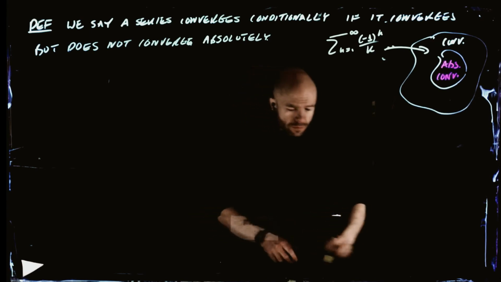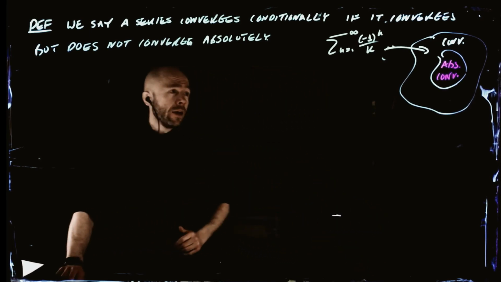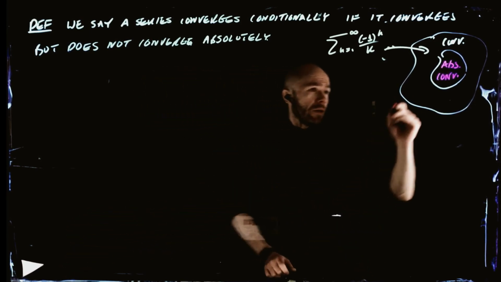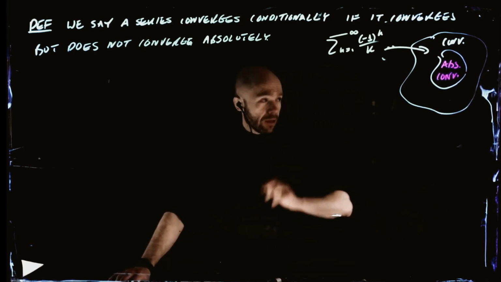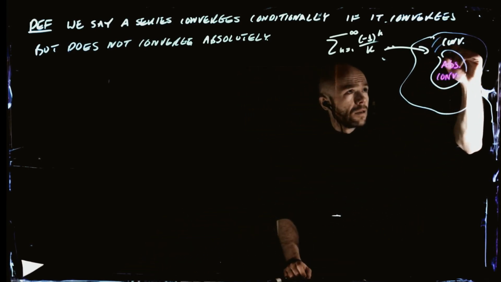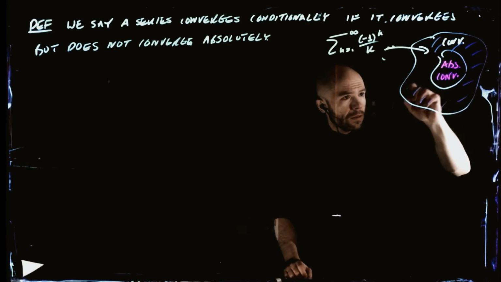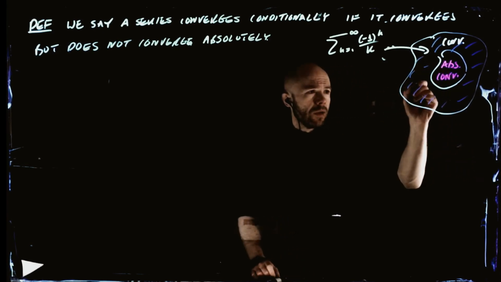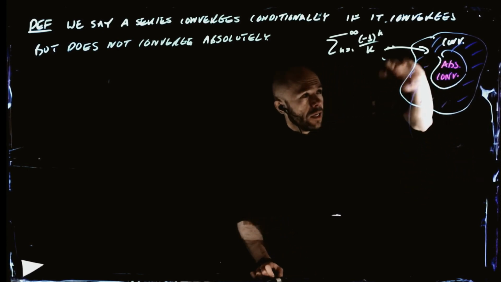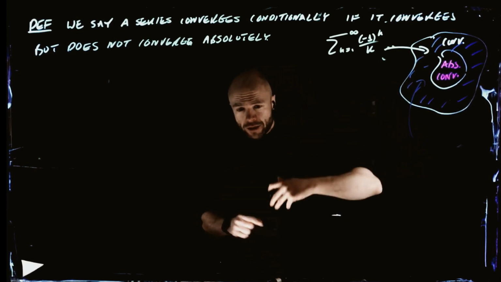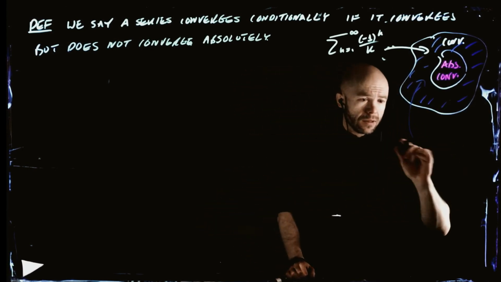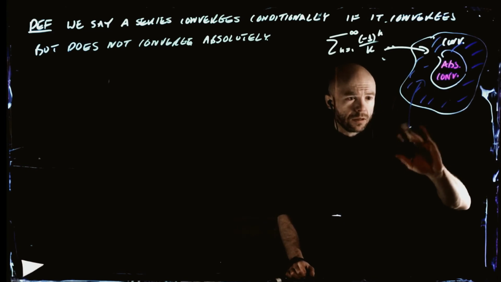So, maybe a lot of definitions today, but keeping this picture in mind, I'm hoping that there's not too many. So the stuff which is inside the set of things that converge, but outside the set of things that converge absolutely, are things that converge conditionally.